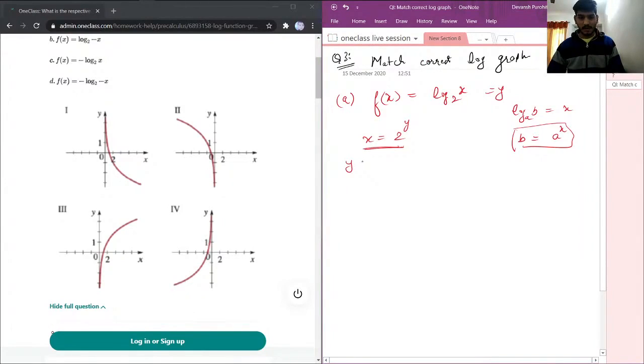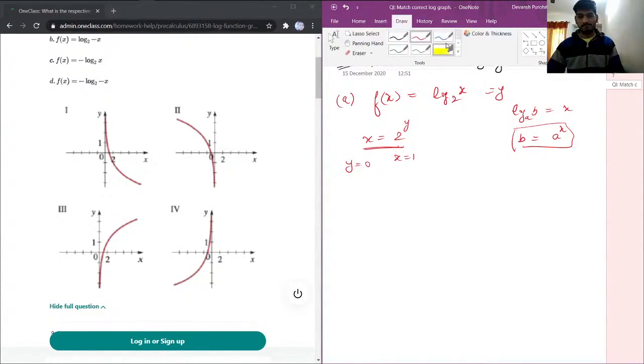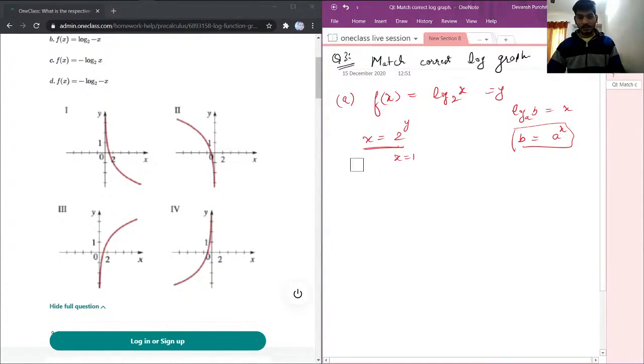So when y is equal to 0, then 2 power 0 is 1, so x is 1. So I have one coordinate. When y is 0, then x is 1, which is not matching with any of the graphs. We cannot use y equal to 0.